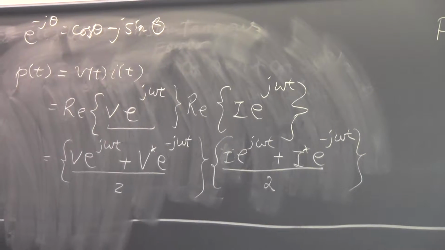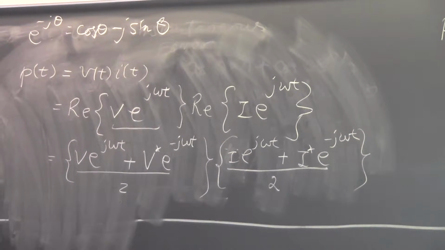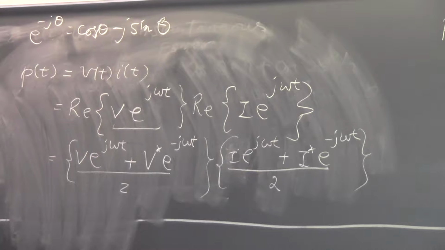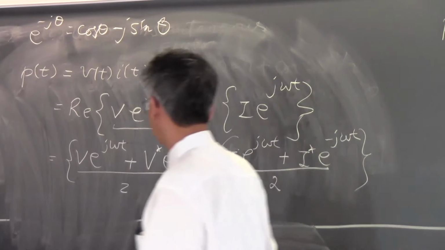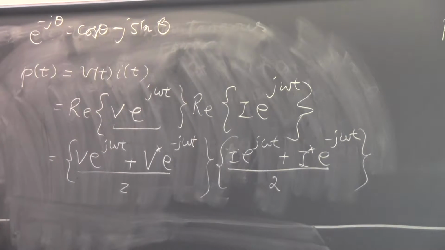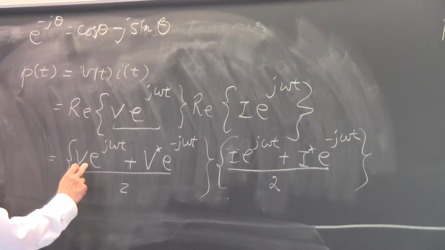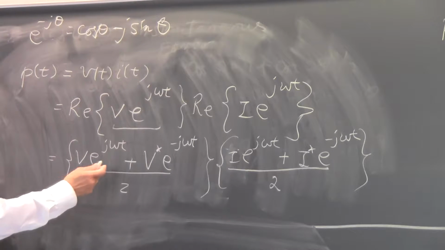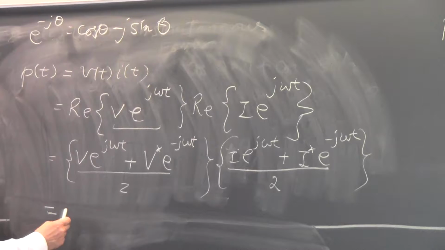Okay? Now I multiply these two terms out, I get 4 terms. Agree? Let's figure out what the 4 terms are. Let's multiply those terms where the e to the j omega t would cancel each other.